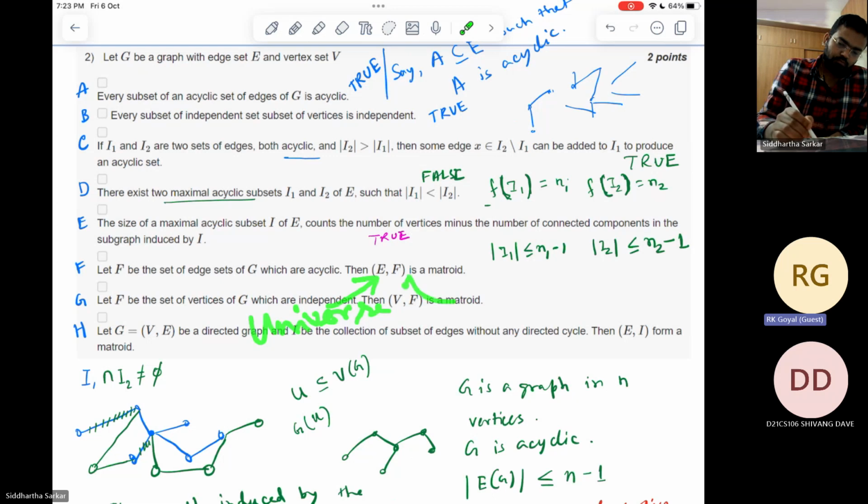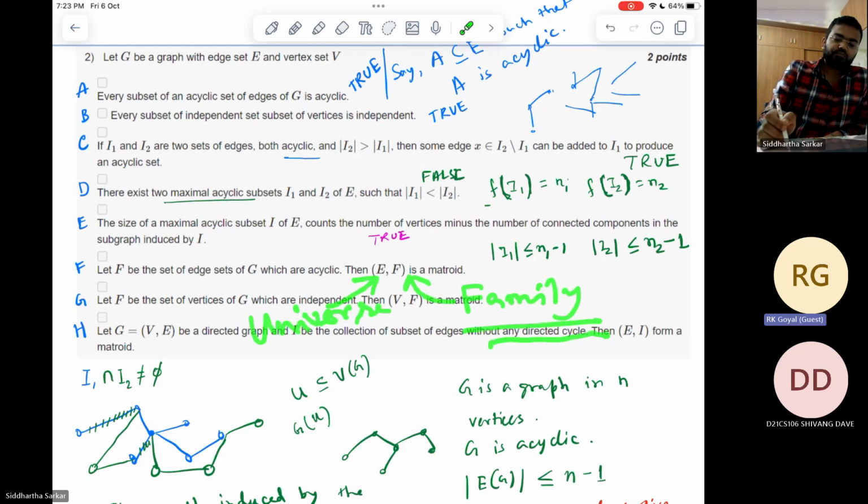If I do not consider any edge, it is acyclic. If I pick edges individually, acyclic. If I pick two edges, acyclic. But if I go beyond two, a cycle is quite possible.